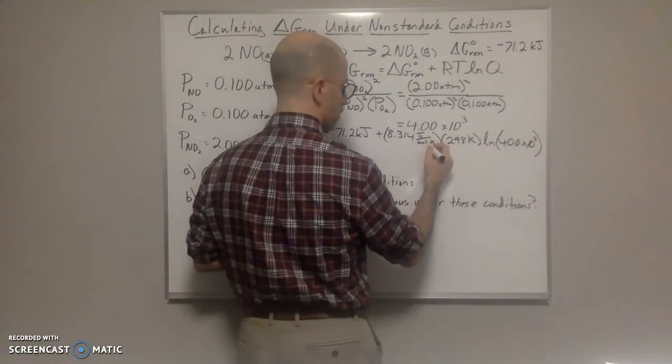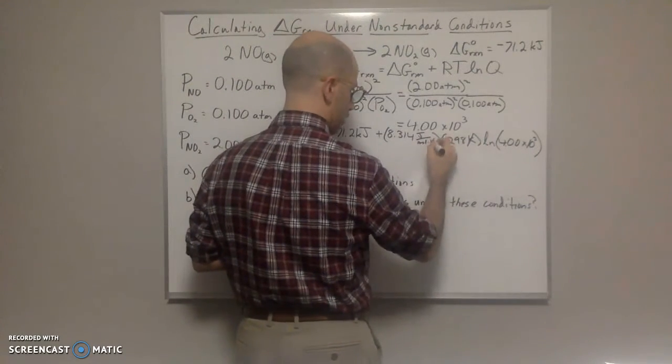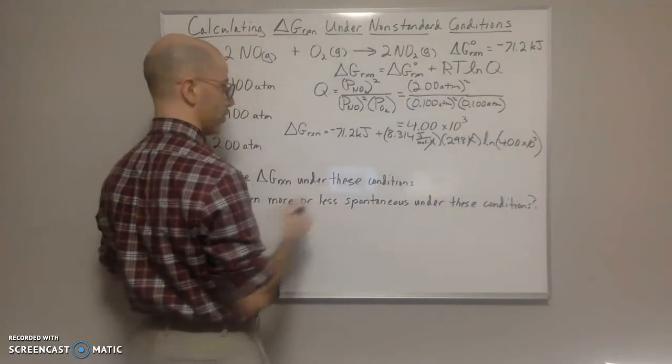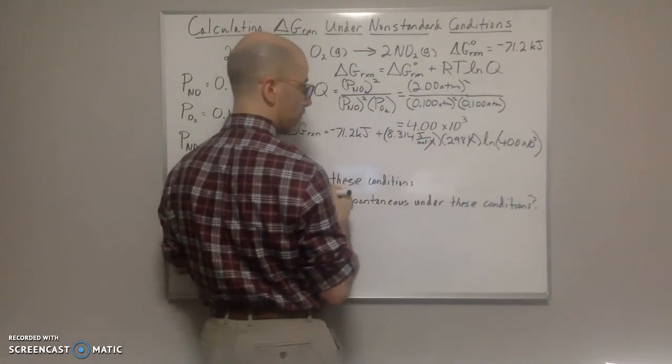Here, Kelvin is going to cancel out, so we have joules per mole.